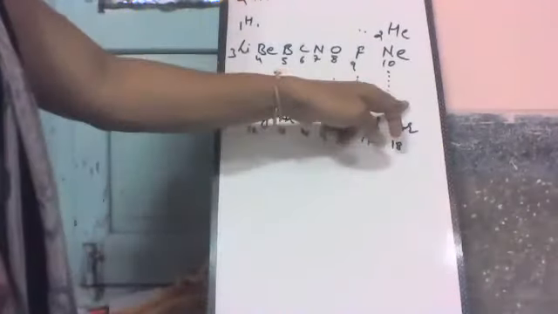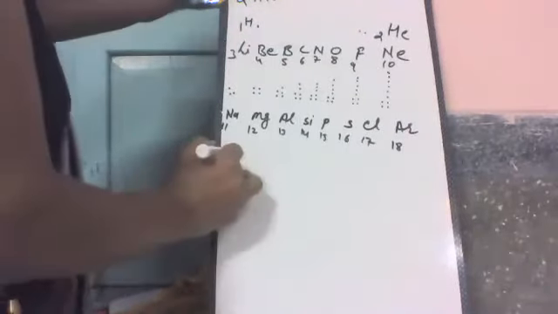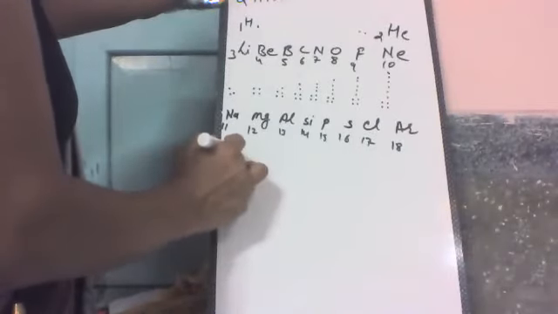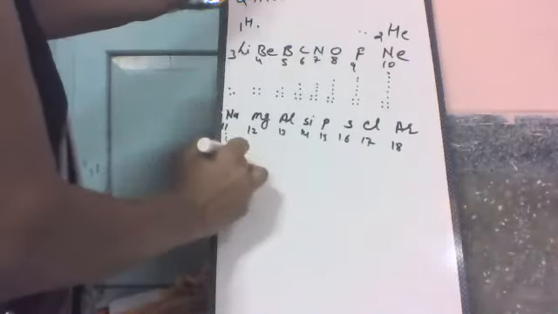Till here the second shell is completed, and now the third shell starts from sodium. First shell 2, second shell 8: the second shell is completed, and the last one is 1.